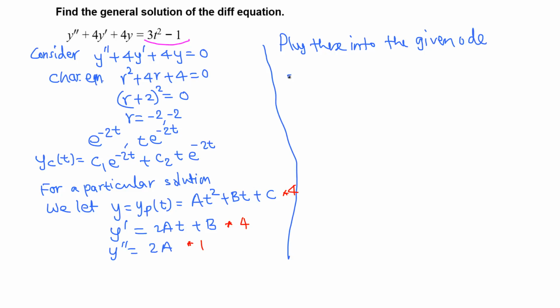So 2A plus 4 times these two terms, so let's distribute 4 times 2, 8At, plus 4B, plus 4 times these 3 terms, so 4At squared plus 4Bt plus 4C is equal to the right hand side, 3t squared minus 1.